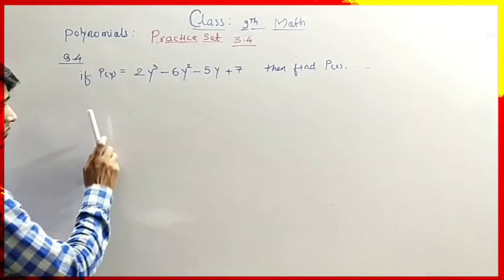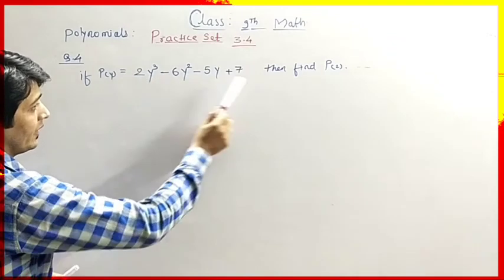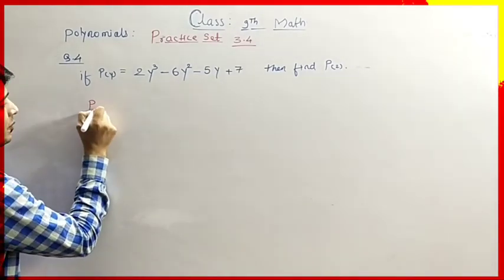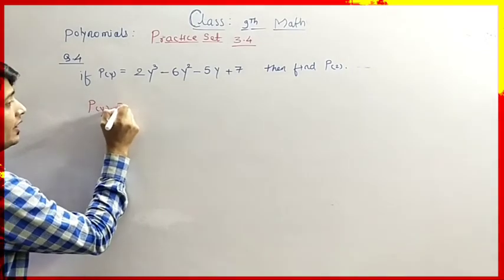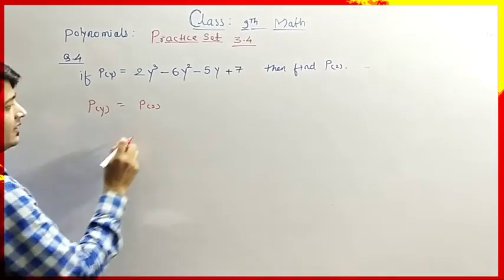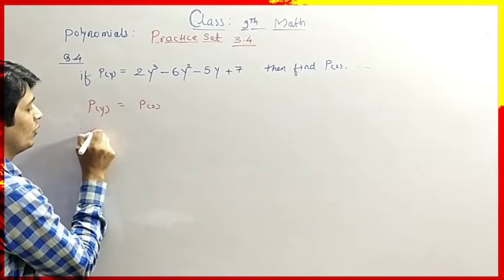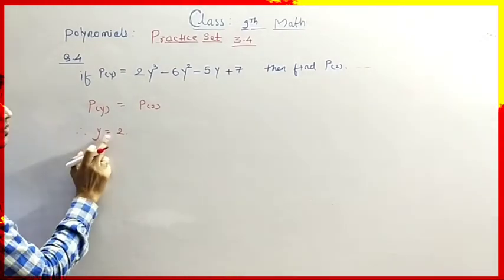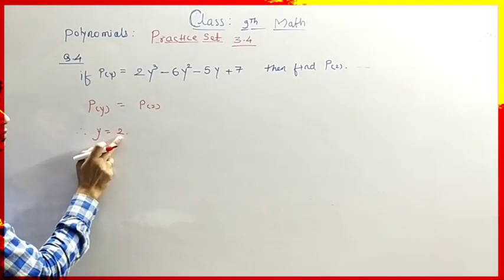So instead of y we have to replace it by 2. So if p(y) equals p(2), which is given, therefore y equals 2.